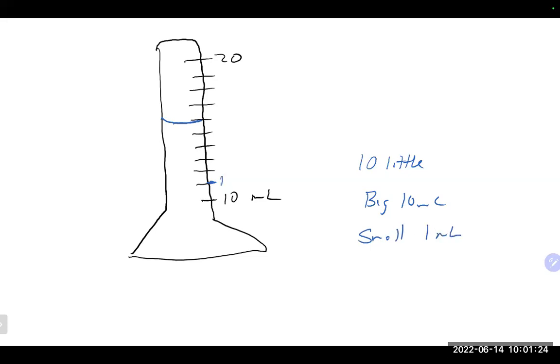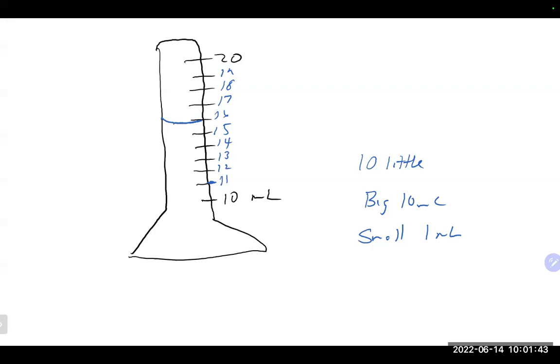This would be 11, 12, 13, 14, 15, 16, 17, 18, 19, and 20. So even though we still have 10 markings, because of the scaling on this, it is different than the previous 10 markings that we have.